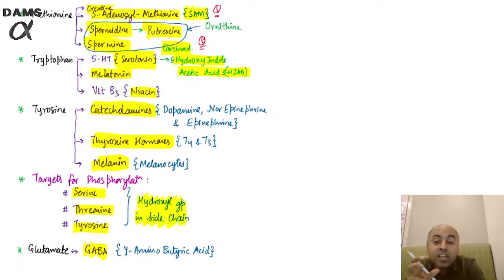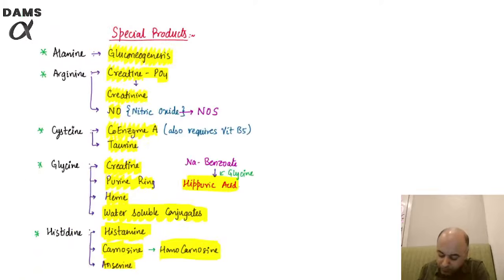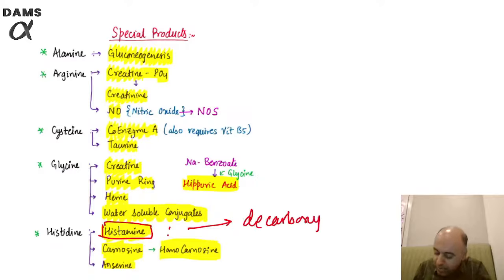They ask from which amino acid these molecules are going to get derived. Out of these, you have to make special note for GABA and the histamine. For these the specific reaction is asked, by which reaction these conversions are happening. So both of them are getting converted by the action of decarboxylation.